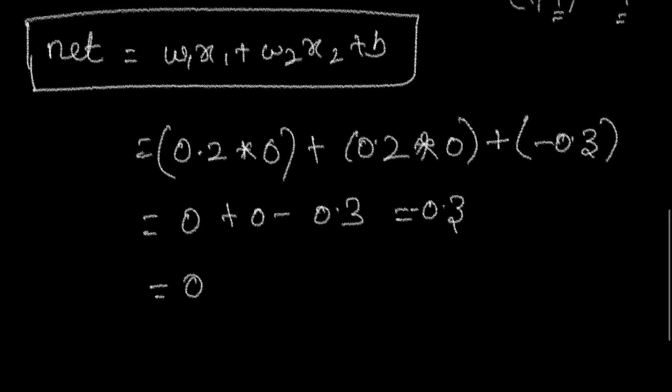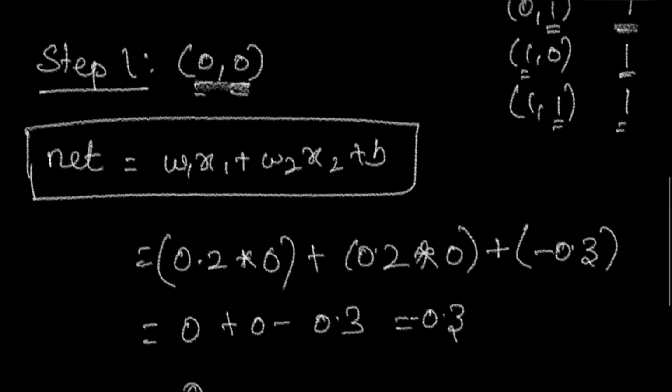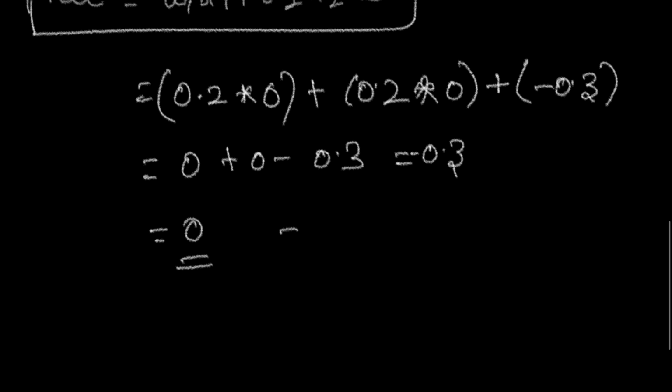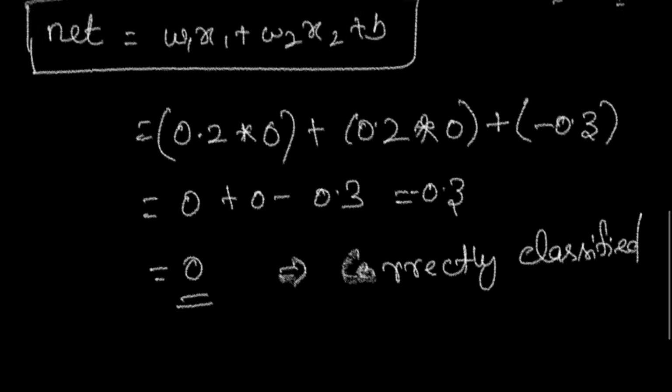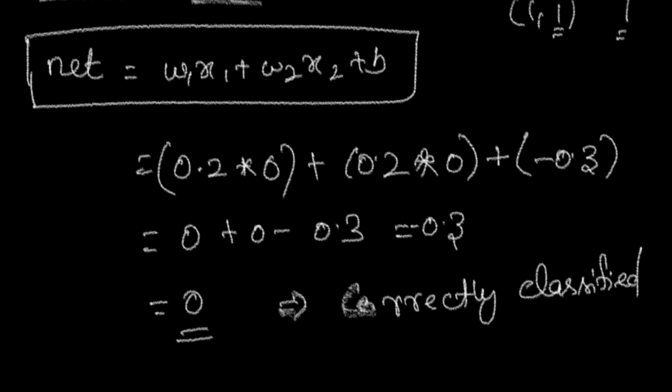Similarly, I have got 0 when I process 0 and 0 using the net function. So it is correctly classified, because it matches the truth table. So our weights are properly classifying the given sample, and we can proceed with 0.2, 0.2, and minus 0.3 as bias.